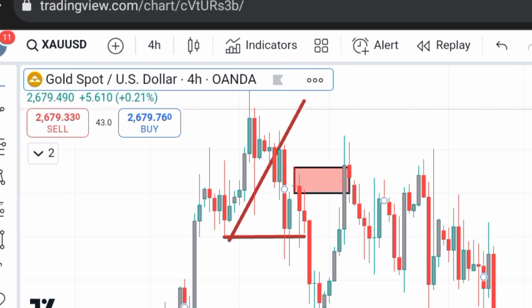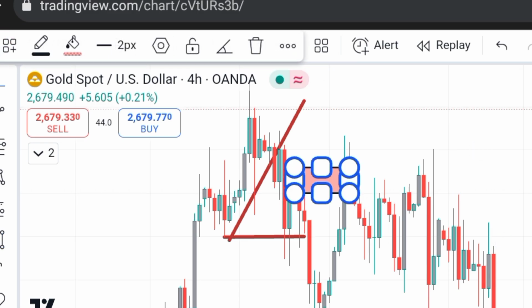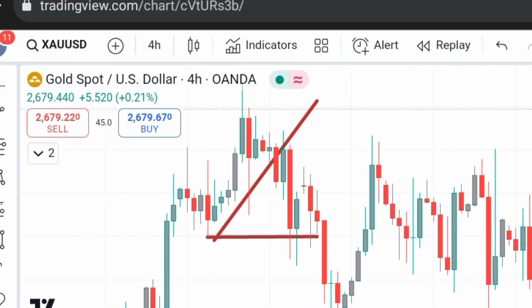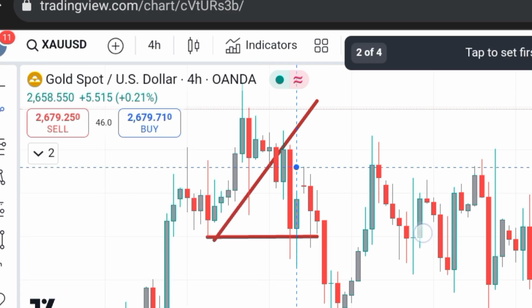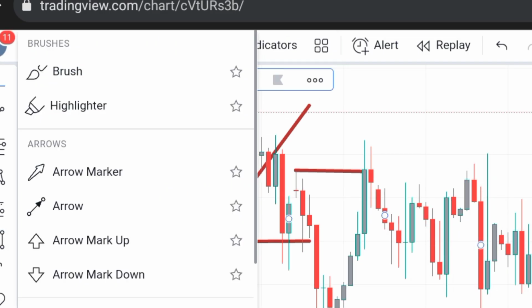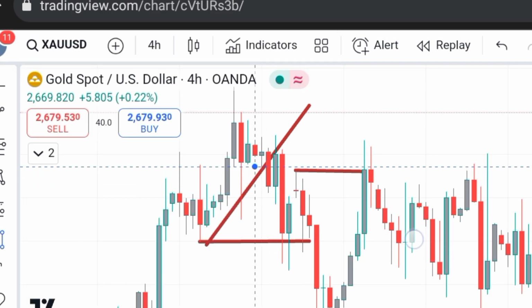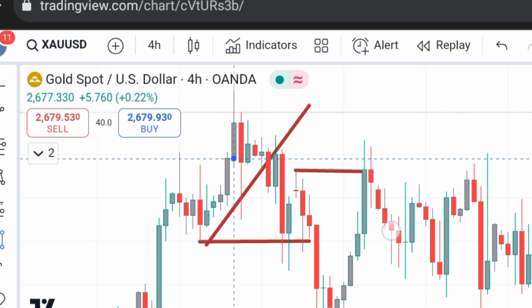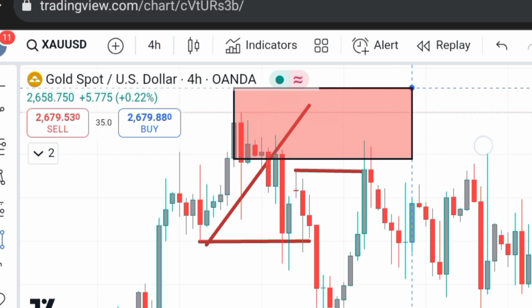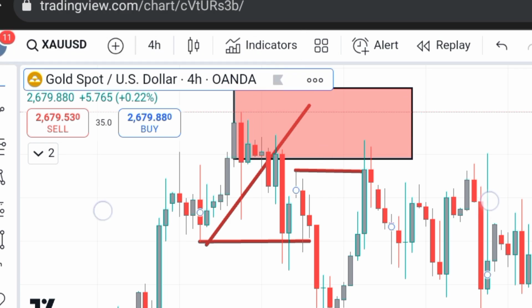But what happened? This very zone now serves as liquidity for us. Note, this very zone now serves as liquidity. And the market comes into this previous zone, which is this one, because that was the first high the market created.